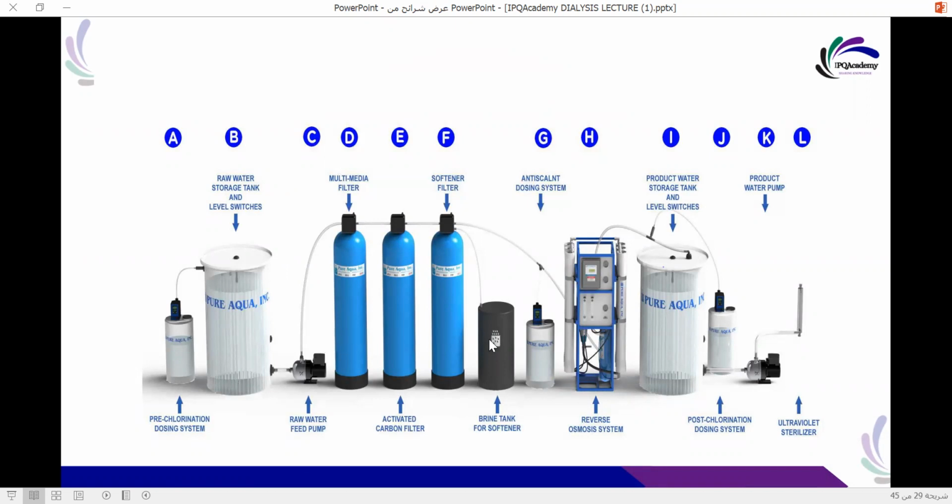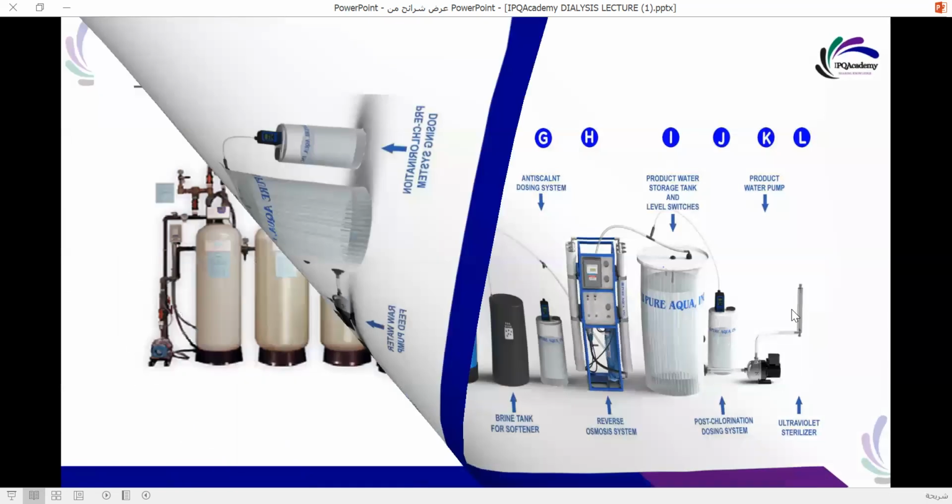As we mentioned, the softener may be the last one, or the carbon may be like this, or there may be an exchange between the carbon and the softener. Here is the reservoir for sodium used to saturate the resin inside this filter. This is a reverse osmosis unit, and this is the tank for the product water, and this is a pump to pass it through the ultraviolet.